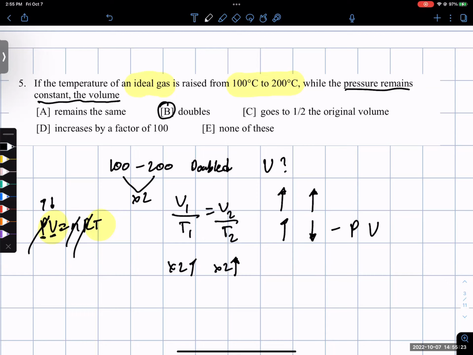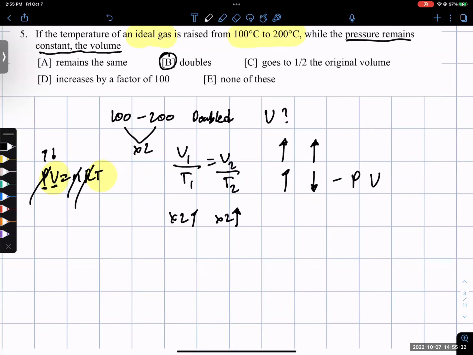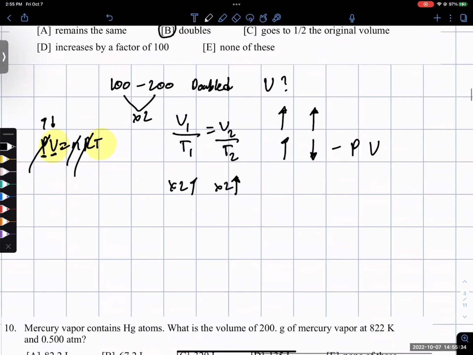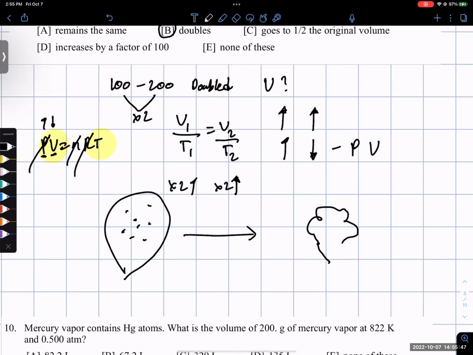If you're trying to memorize which one's inverse and which one's direct, just try to conceptualize it first. That'll be the easiest way to think about this. Say you take a balloon with some amount of gas in it and put it into a freezer. That balloon is going to shrivel up.